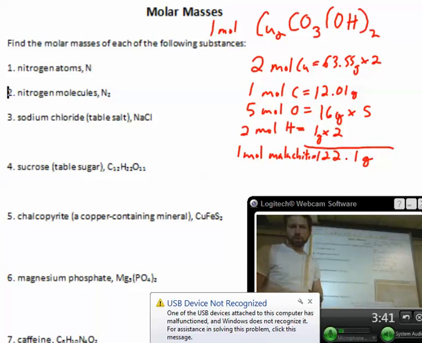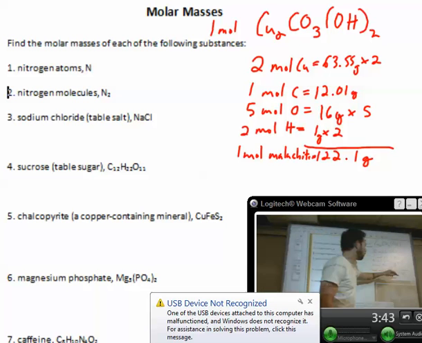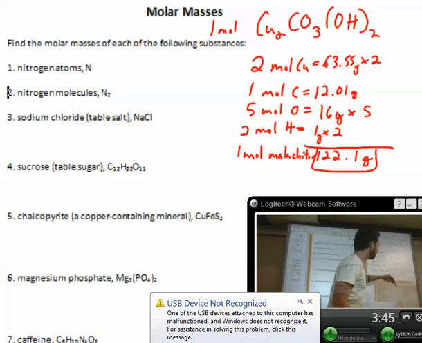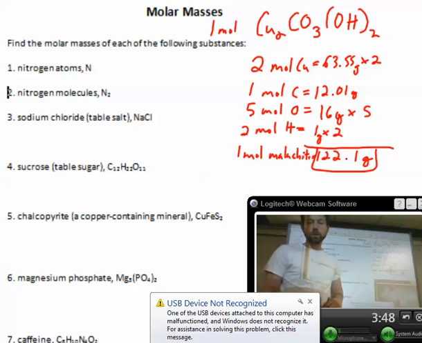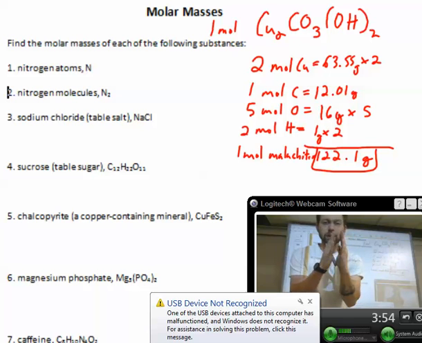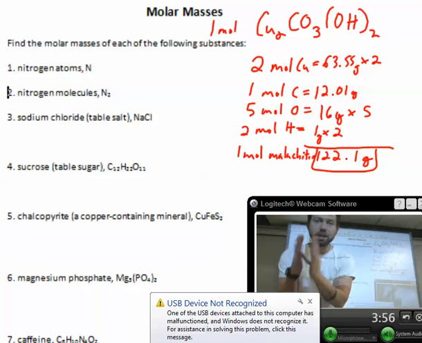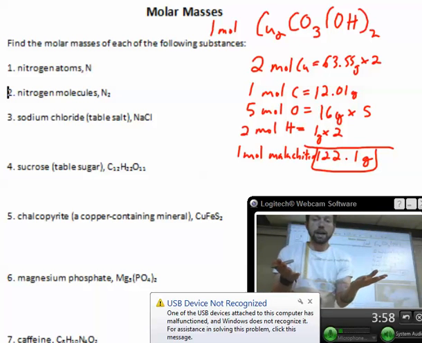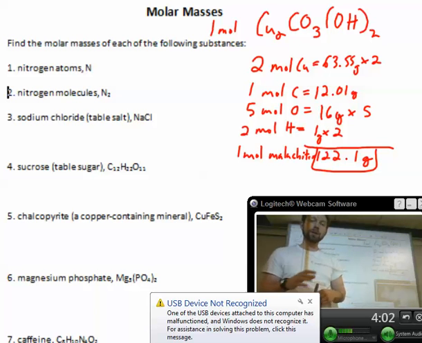That's 1 mole of malachite equals 122.1 grams. So that's how you figure out the molar mass of a compound. You figure out how many moles of each individual element you have, and then you add up the total. So let's practice that.